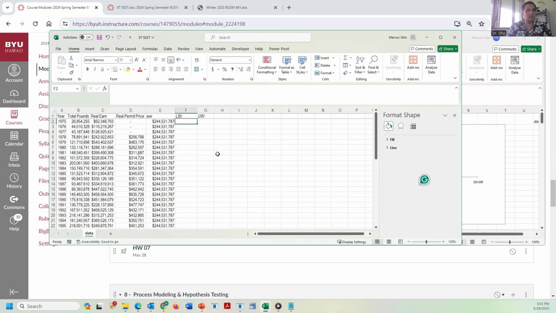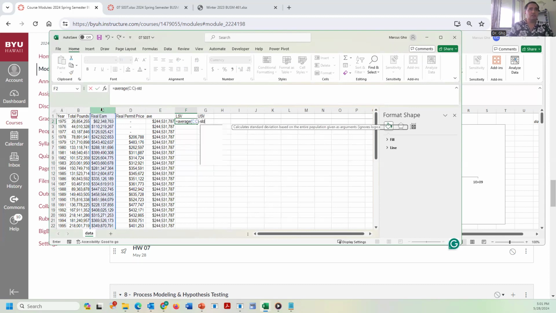Those things will guide us to what we need. The lower specification value is the average, equals average minus the standard deviation.